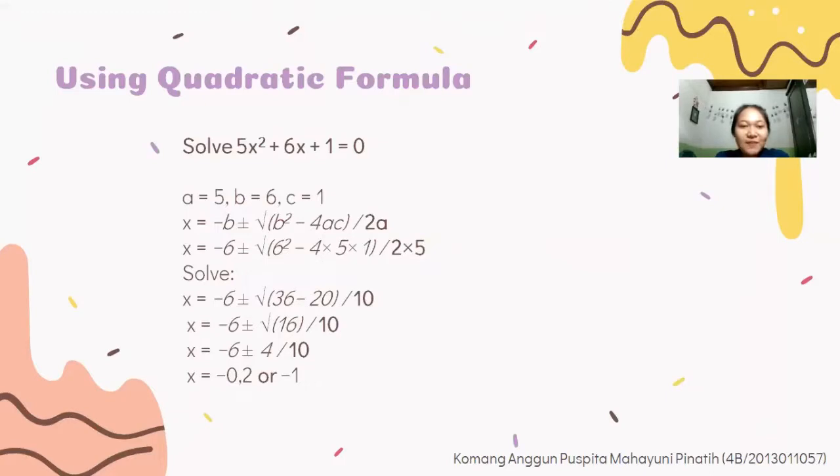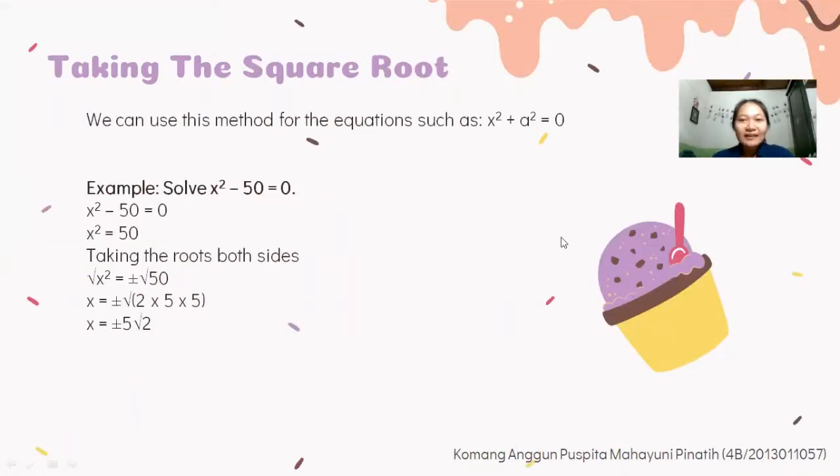Put that a, b, c into the quadratic formula, and then we solve it. It is x equals minus 0.2 or minus 1.